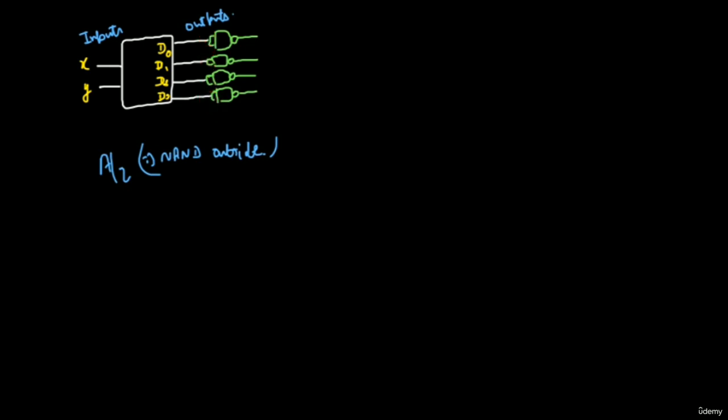So as a result, what we are going to get here is D0 dash, D1 dash, D2 dash, and finally D3 dash. It means it gets complemented, and now it's time to do something awesome. Well, are you excited about this? Well, I am a little bit, honestly speaking.